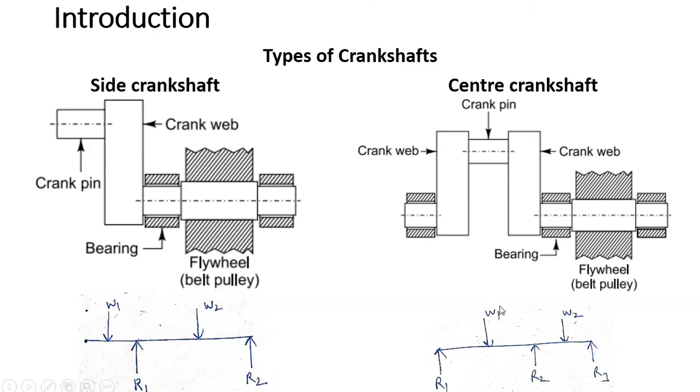W1 is nothing but the force transmitted by the connecting rod, that is the force transmitted by the piston, and W2 is the weight of the flywheel or some other component like a belt or pulley. R1, R2, R3 are the reactions provided by bearing 1, bearing 2 and bearing 3. Basically the center crankshaft is used in radial aircraft engines, and stationary and marine engines.